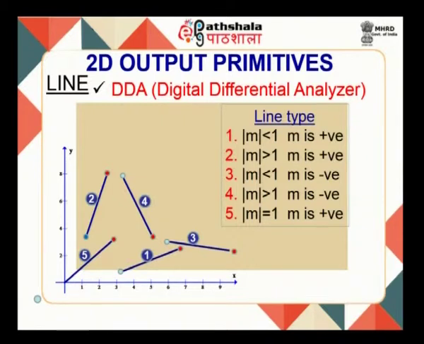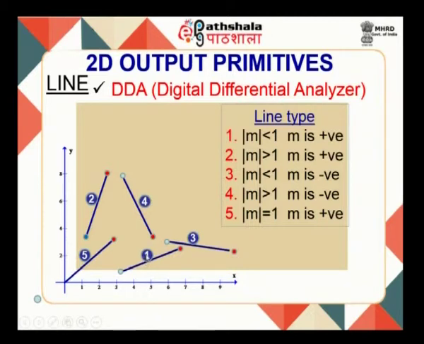We can imagine various types of lines that exist. For example, for line type 1, the circles at the ends indicate a light blue dot and a red dot, which mark the starting and ending points of a line.